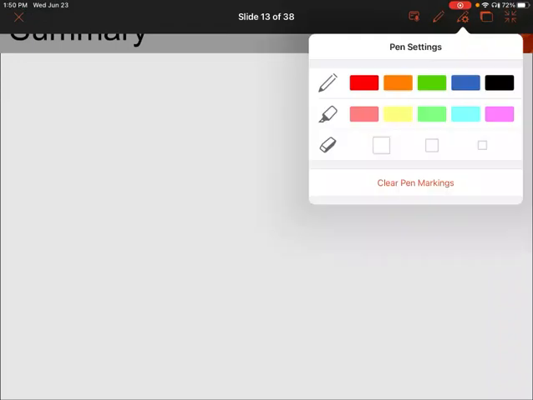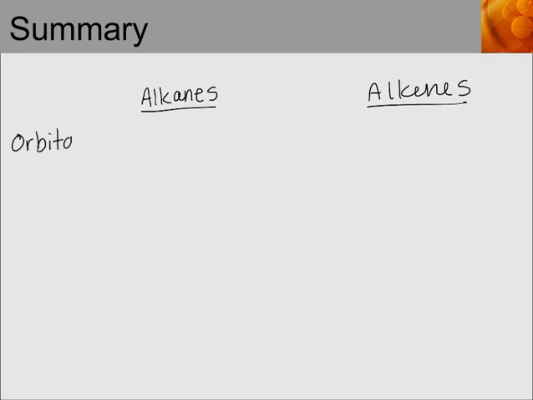So let's just summarize everything we've talked about, and we'll compare and contrast alkanes and alkenes, because we've definitely gone over a lot here. Let's make a column for alkanes and a column for alkenes. All right, so let's list the orbitals for each.